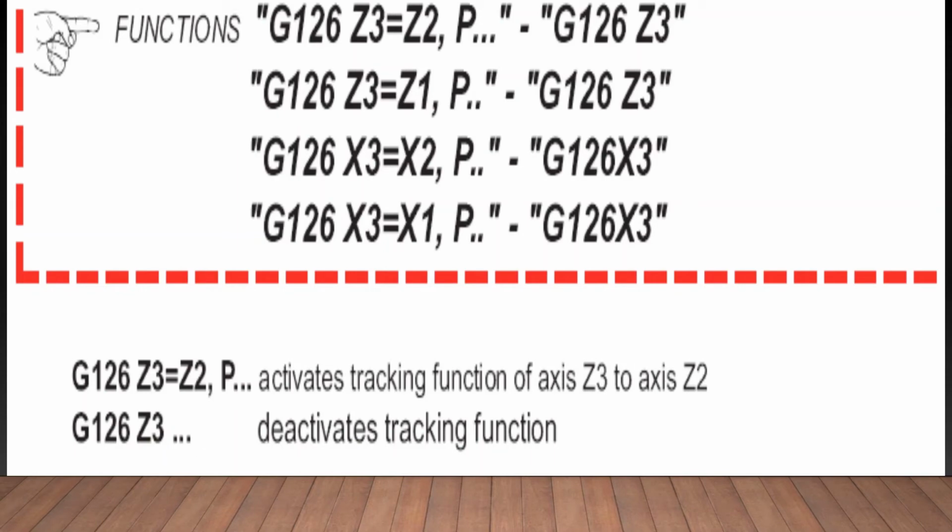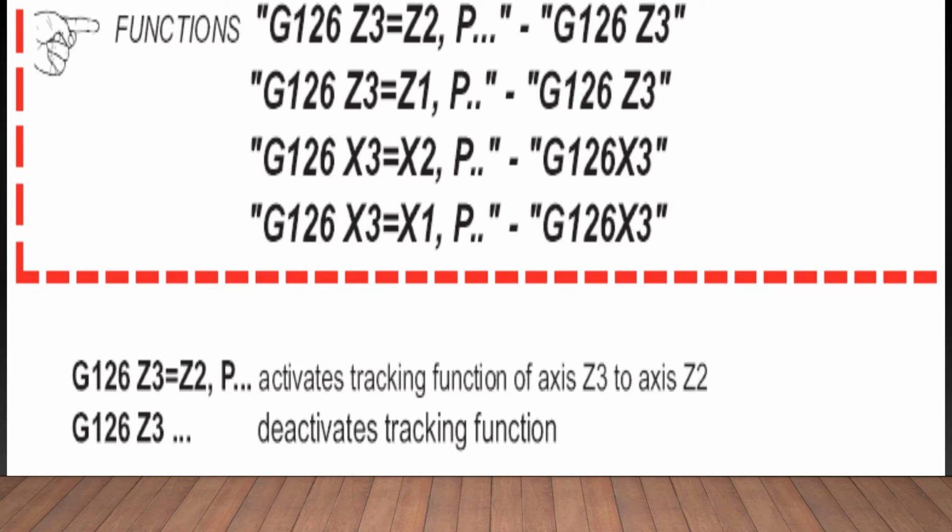Before we start the programming, let's look at the code itself for superimposition, which is G126. The first one here, G126 Z3 equals Z2, says the Z3 moves will follow or superimpose with all the Z2 moves.